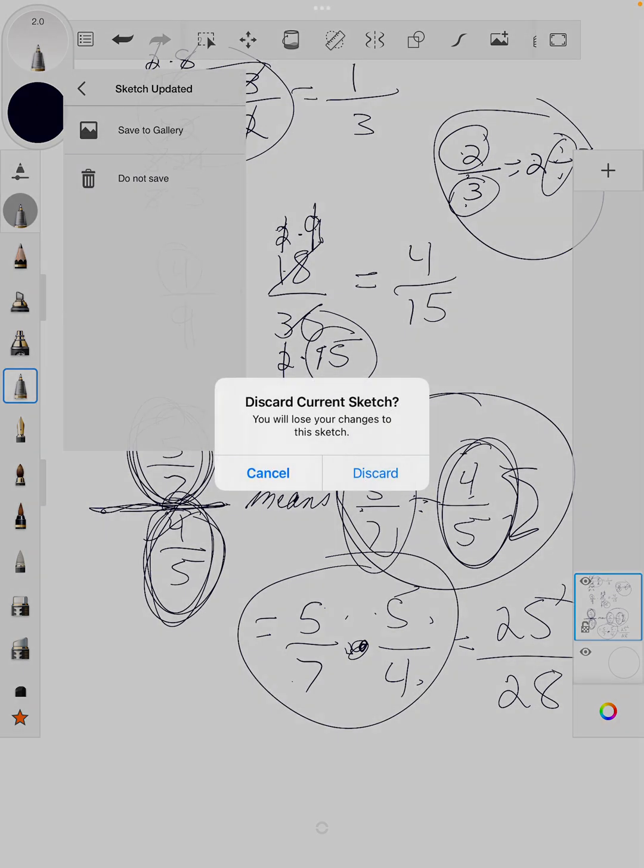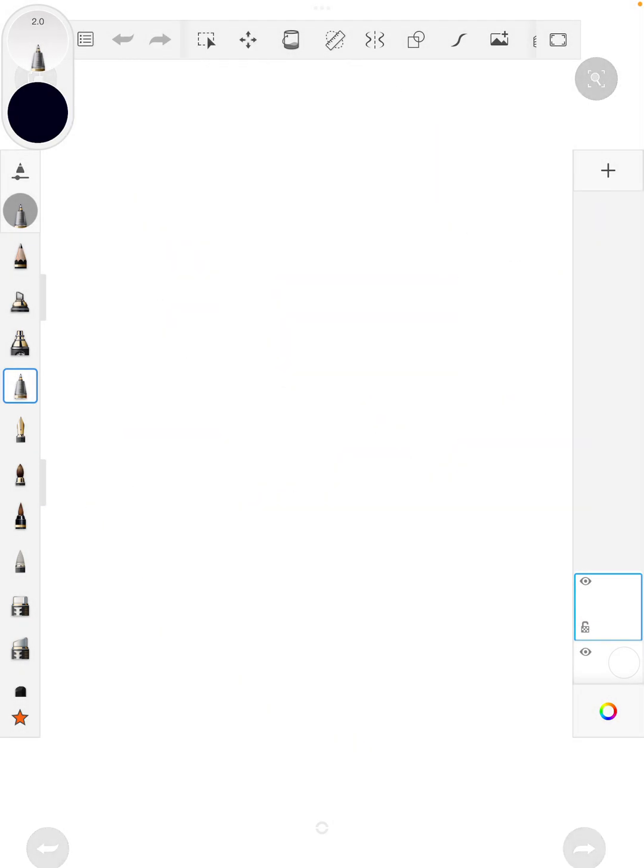And problem set number 20 is kind of going towards this idea of what they call least common multiple.